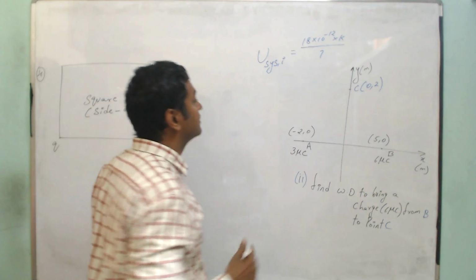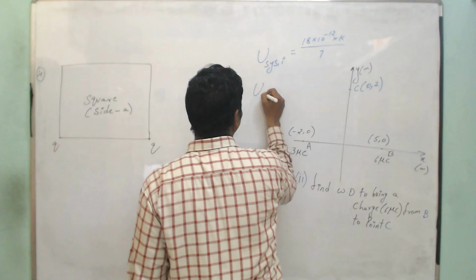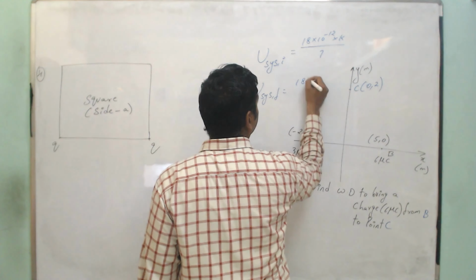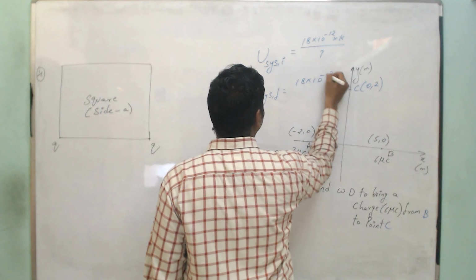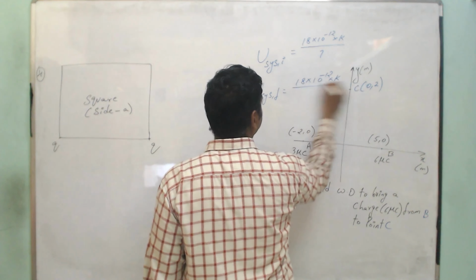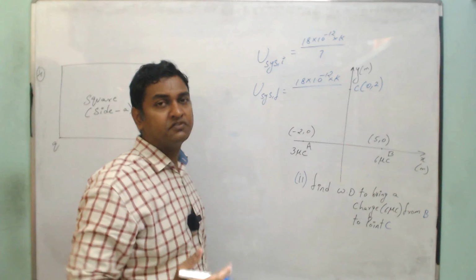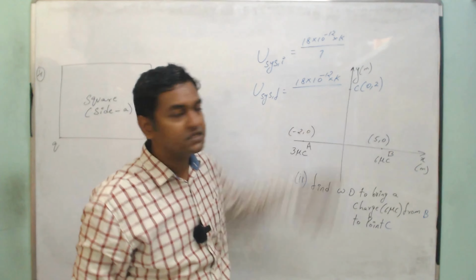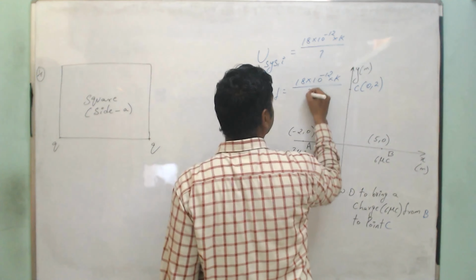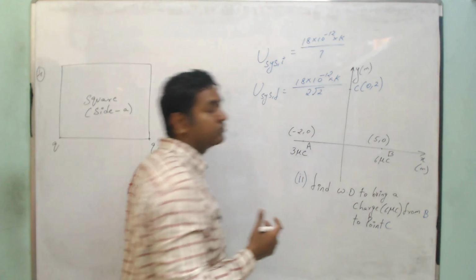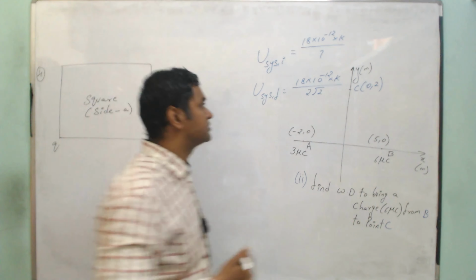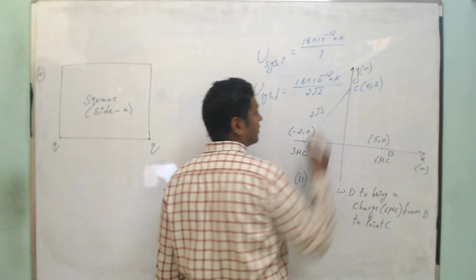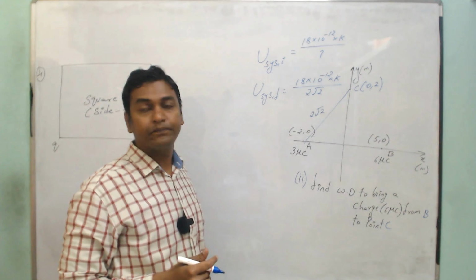Correct. Similarly, the potential energy of the system finally, when the charge is at point C, is equal to the same, only the difference is the denominator will become 2 root 2, because AC is 2 root 2. Correct? Yes. Clear? Yes, sir.